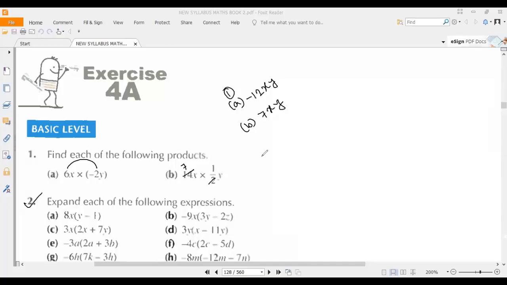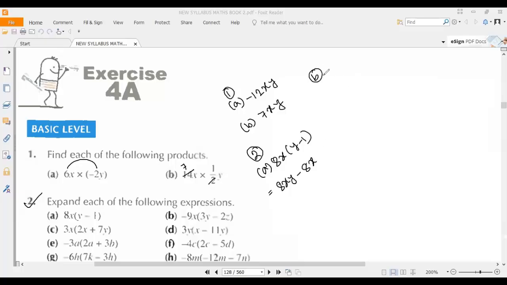Now number 2. Number 2a, 8x into y minus 1. So we'll multiply 8x multiplied by y minus 1. So 8x into y will be 8xy minus 8x into 1, that will be 8x. Very simple one.